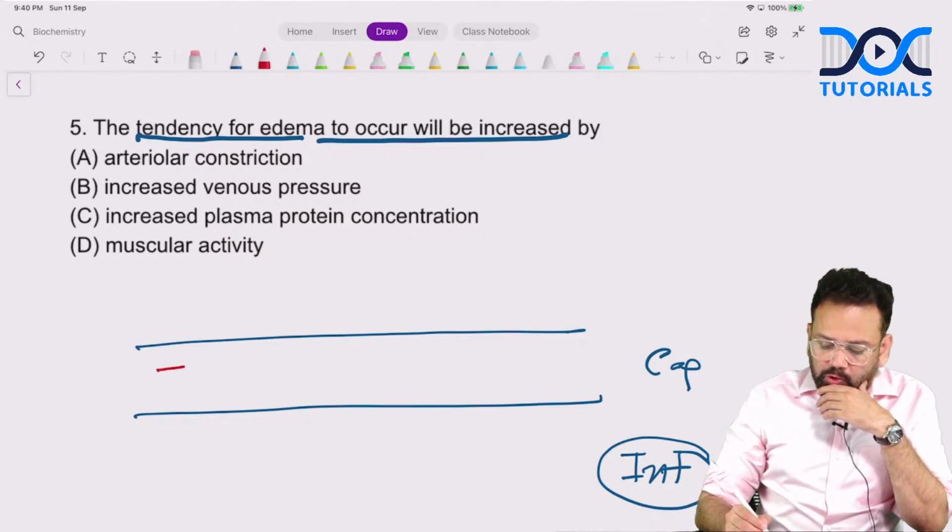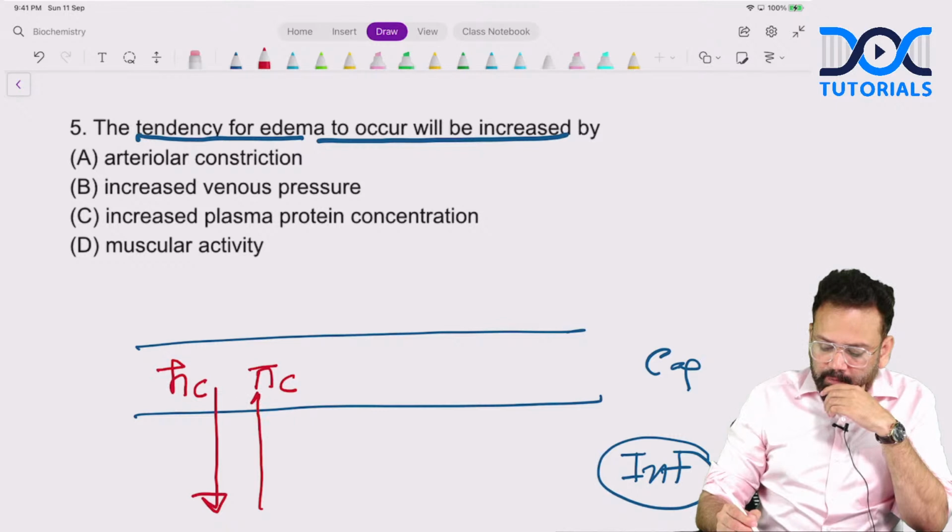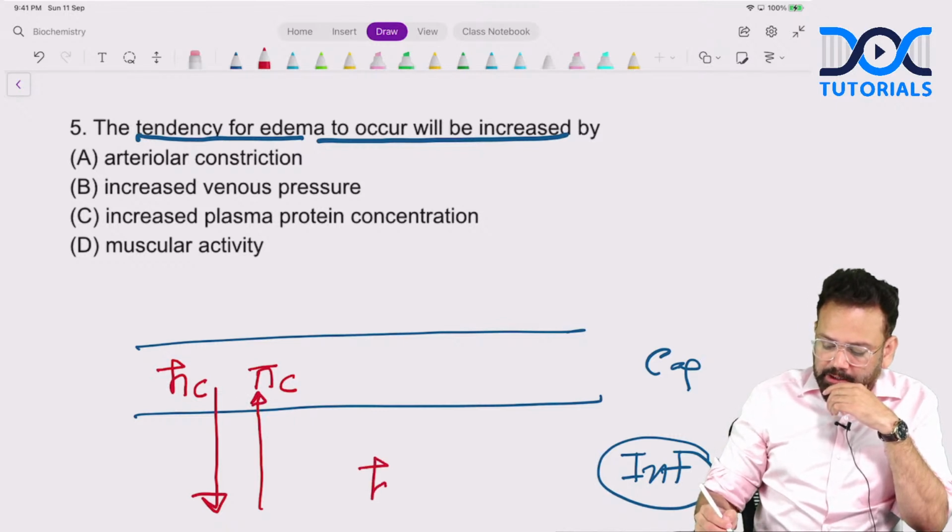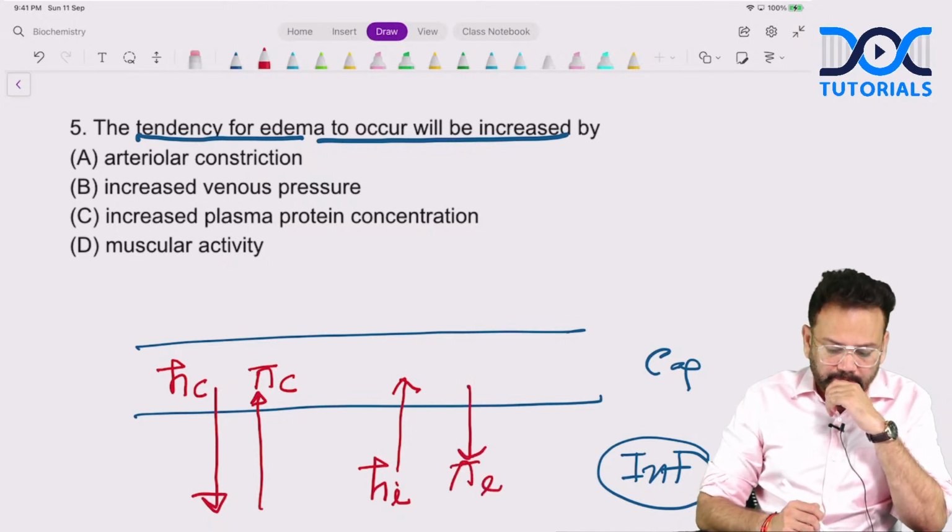See, hydrostatic pressure of the capillary increases edema. Oncotic pressure of the capillary reduces edema. Hydrostatic pressure of the interstitium reduces edema, and oncotic pressure of interstitium increases the chance of edema.